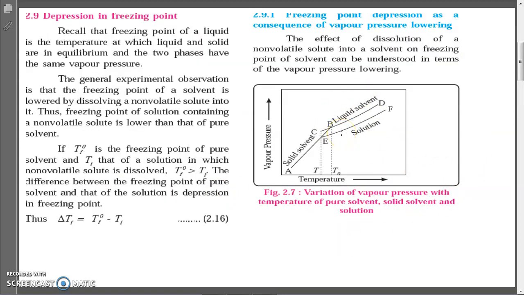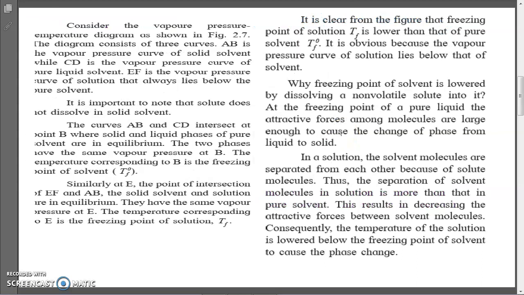Due to addition of the non-volatile solute. But what happens at the freezing point of a pure liquid? The attractive forces among the molecules are large enough to cause the change of phase from liquid to solid. In solution, the solvent molecules are separated from each other because of the solute molecules.